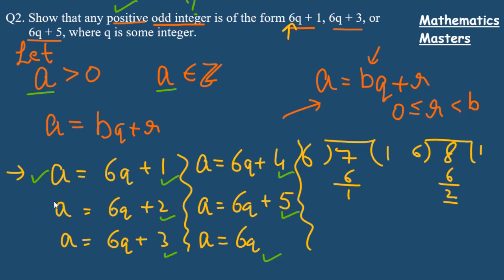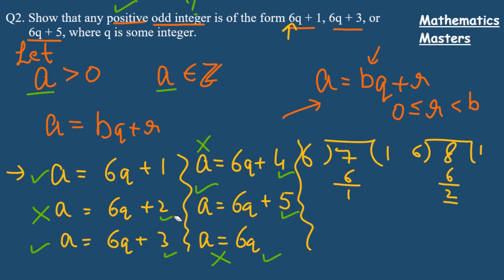For example, if a would be 8, then a would be even. We are considering the odd, so this won't work. Similarly, 6q plus 3 is odd, 6q plus 4 is even, 6q plus 5 is odd, and 6q is even.